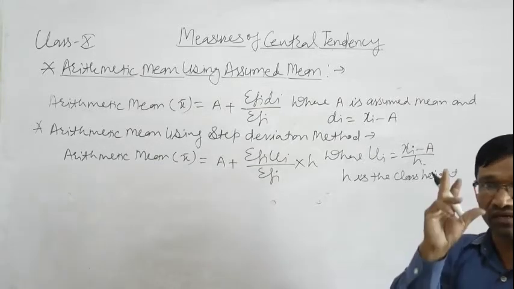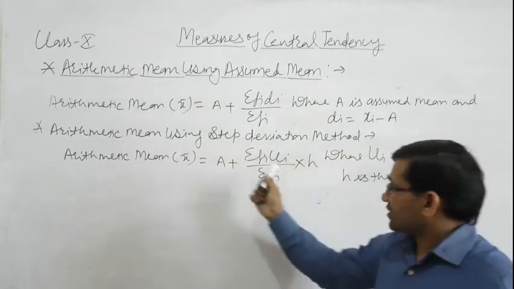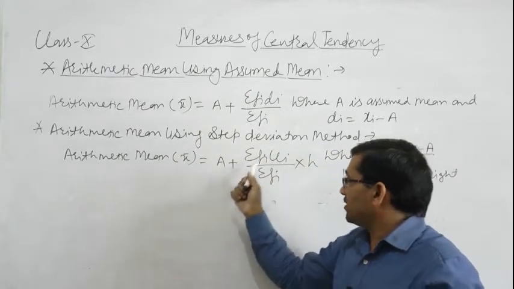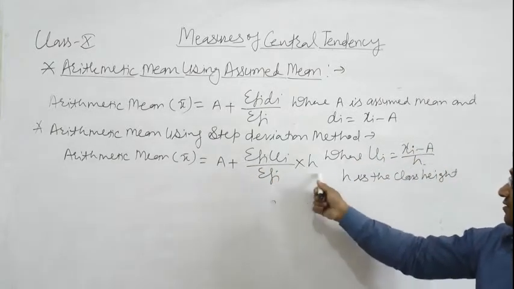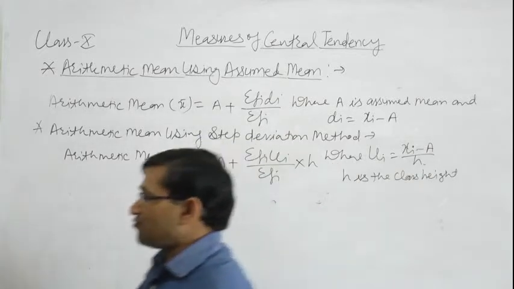You can use only one formula, that is the step deviation method: x bar is equal to a plus sigma fi ui upon sigma fi multiply h. Clear?